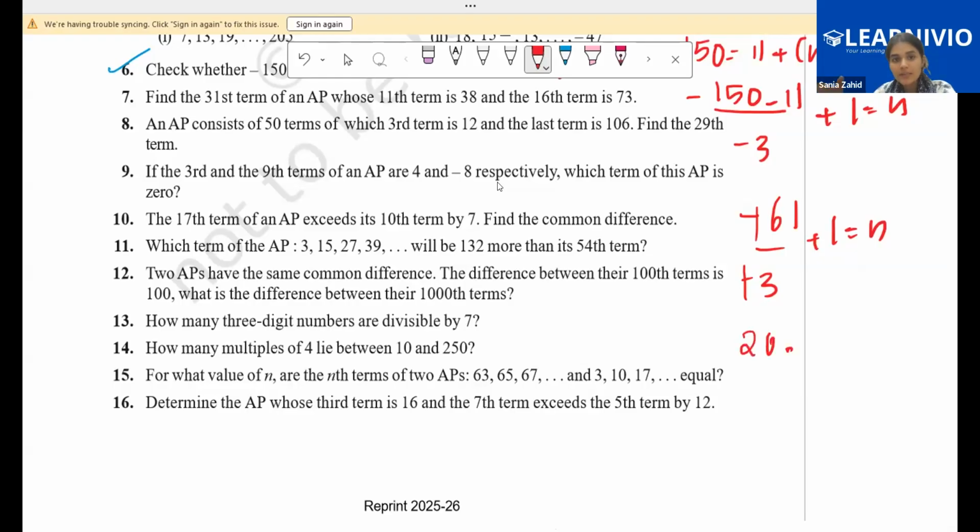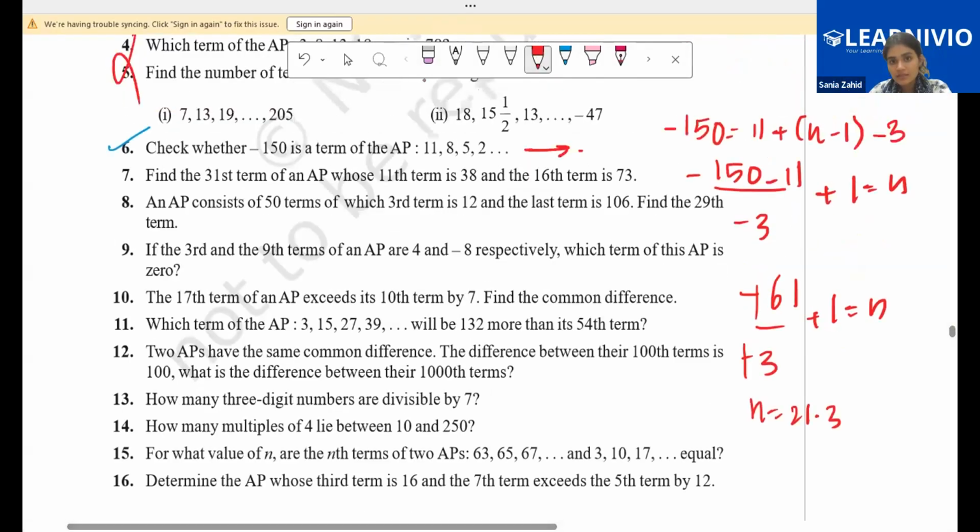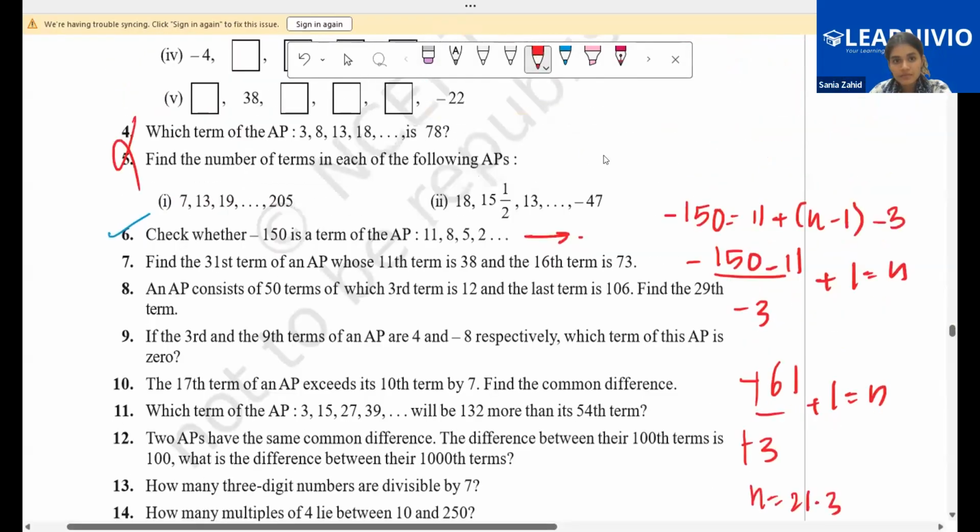So 21 point something will be your answer as N, 21.3 approximately. Can you scroll up, please? Maybe your voice is lagging. Ma'am, can you scroll up? Okay.